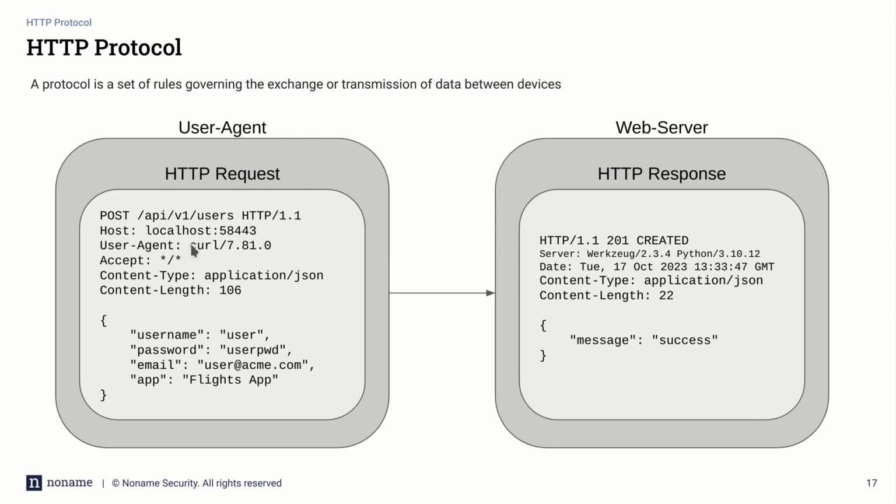The user agent: I used the command line, so I used the curl command line utility to send the request. Accept, content type, it's JSON data, content length, 106 bytes. That's what you see here.